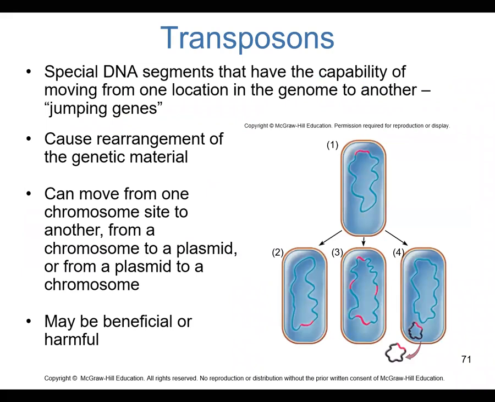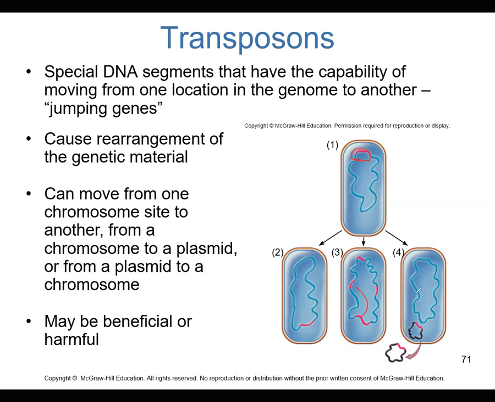Another way for mutations and genetic variability is transposons, and these are what we call jumping genes. It's a segment of a genome that will move. Sometimes it just plain moves. Sometimes it'll copy itself and then move, so you end up with two strands of it.